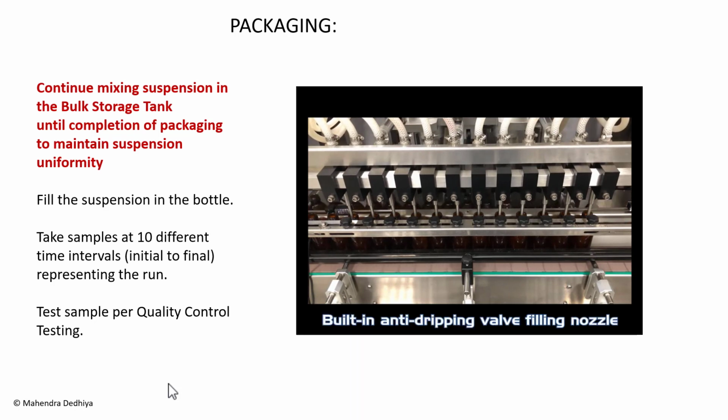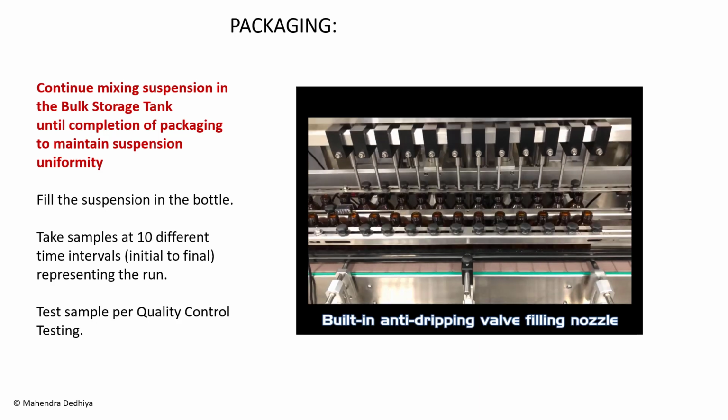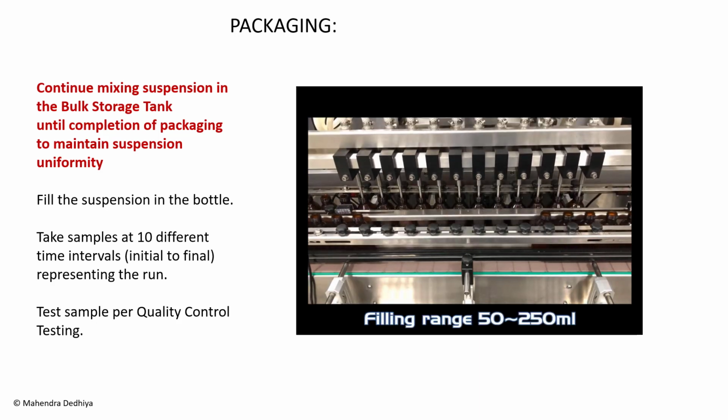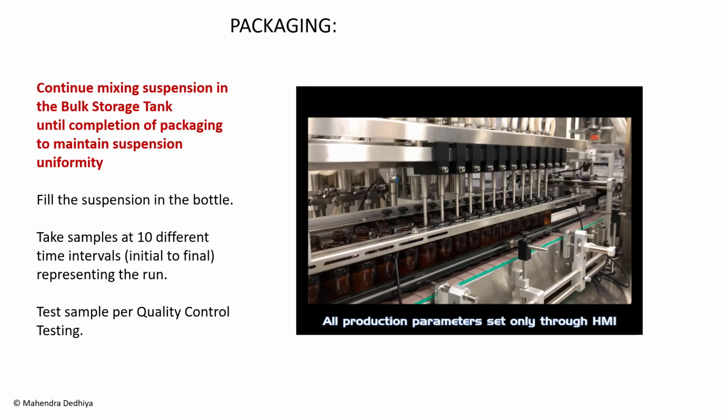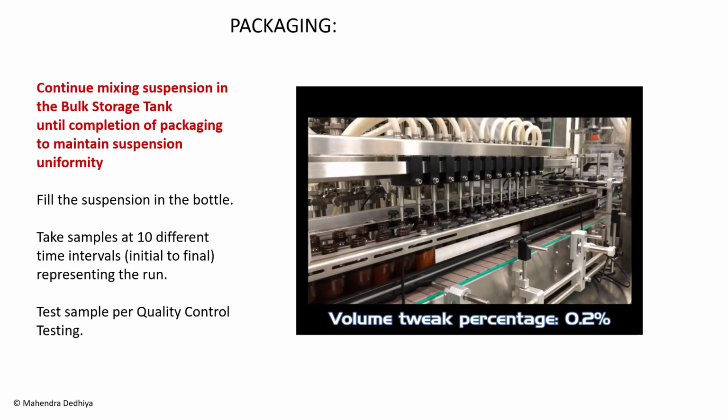The bottles that are filled move on to the conveyor belt for capping and labeling operation. It's important to monitor packaging and show that the suspension is uniform throughout the process.